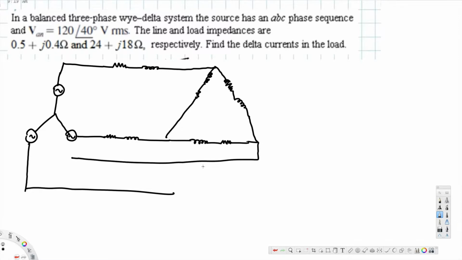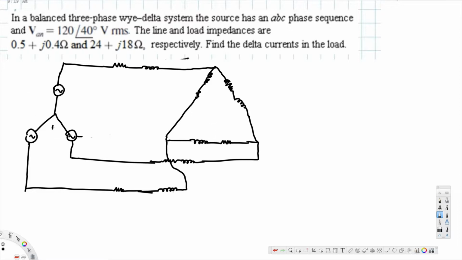Actually it's already connected. Let's get rid of this one. This one is connected to the, here we will have impedance, connected right here, and resistance and impedance, connected right here.